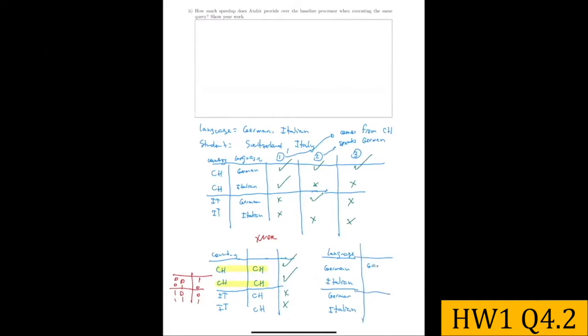So you want to run this against German, it's a query German, German, German, German. And you want this line, you want this line, you don't want this line, you don't want this line. And if you look here, these two are equal to each other, these two are equal to each other, right? So the same operation works, XNOR.